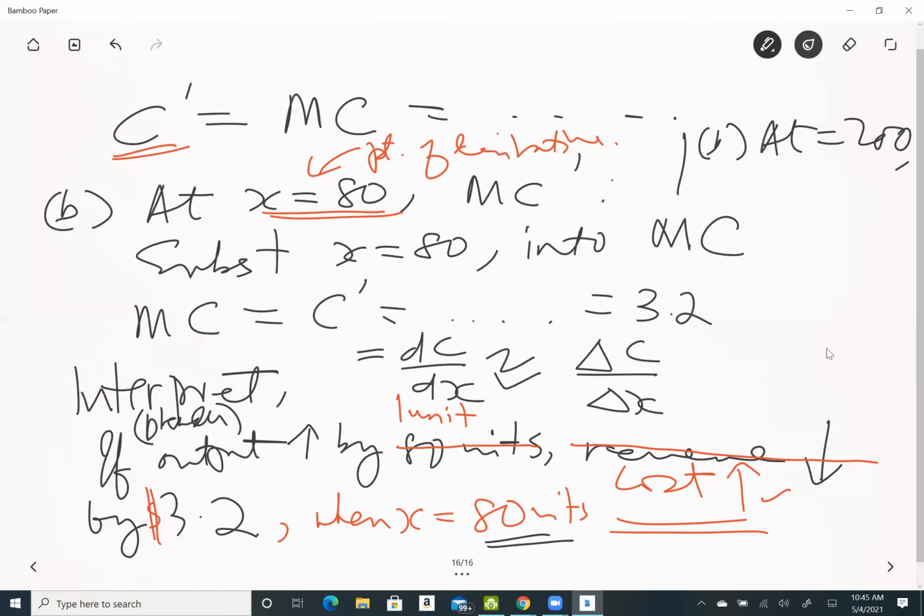So you need to specify the value of X where you take the derivative at. At X equals 80, marginal cost is 3.2. At X equals 200, marginal cost has gone up to 32. So you have to state the point of the derivative.